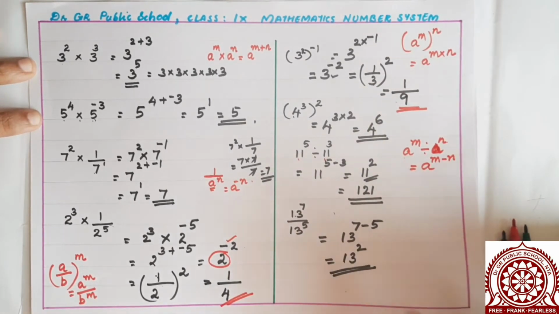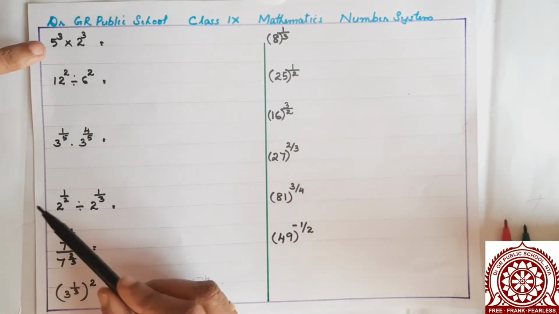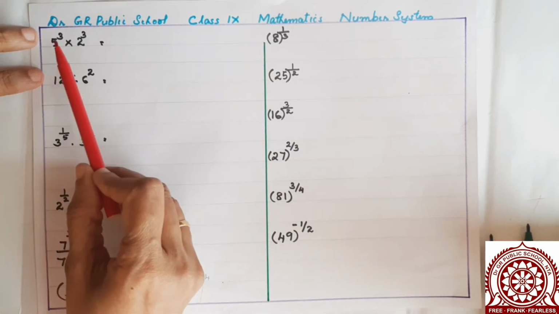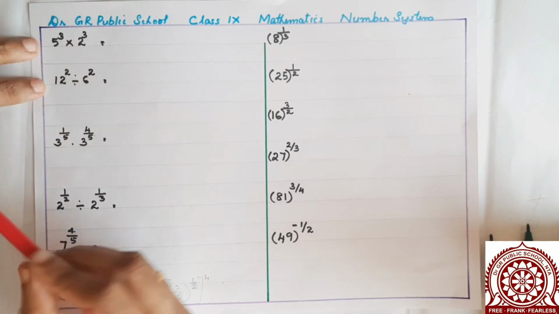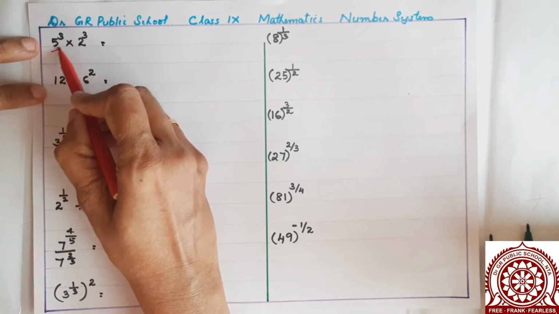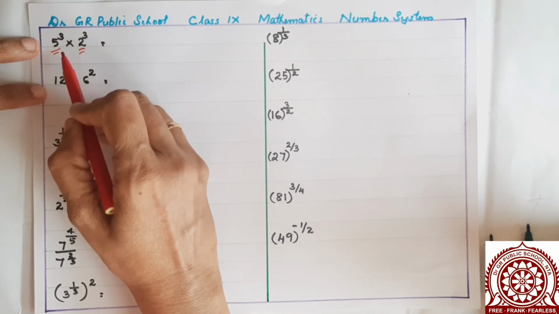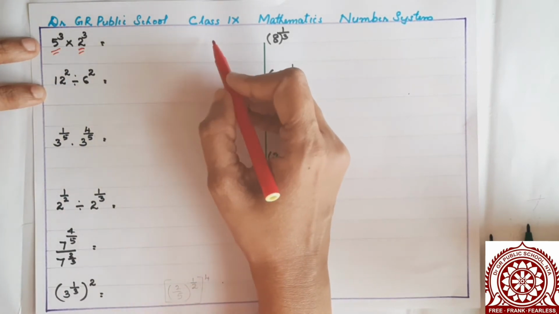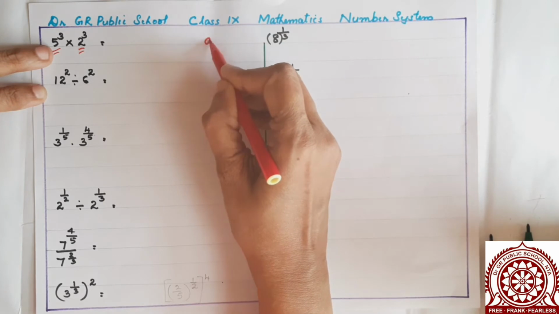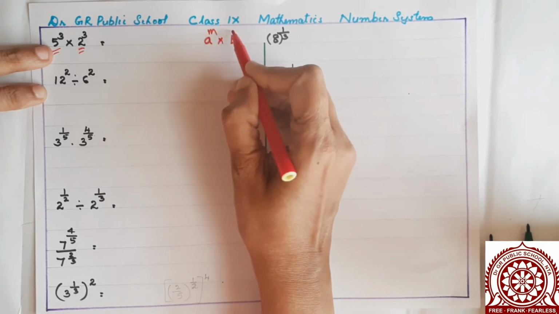Now we will move to some more questions. 5 raised to 3 multiplied by 2 raised to 3. What is it? Are the bases same? No, bases are different but powers are same. So which law of exponent can be applied? Bases different, A and B, but powers are same, isn't it?